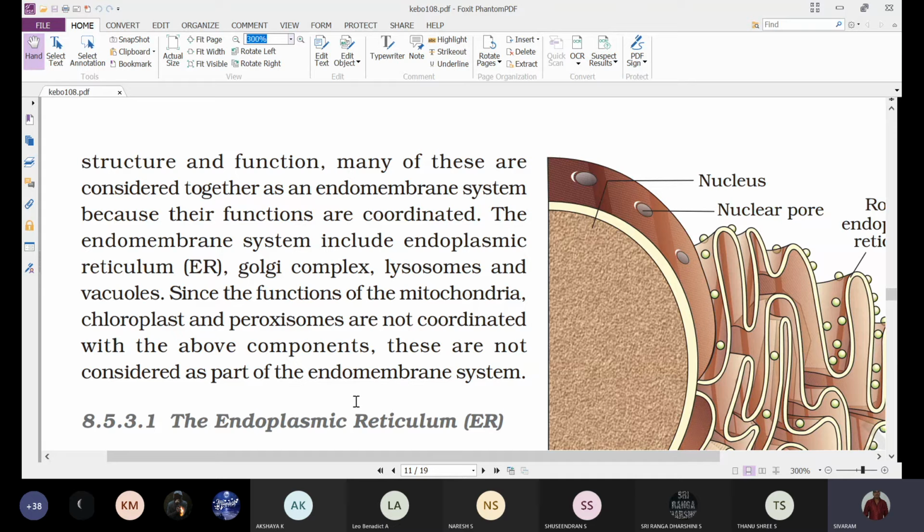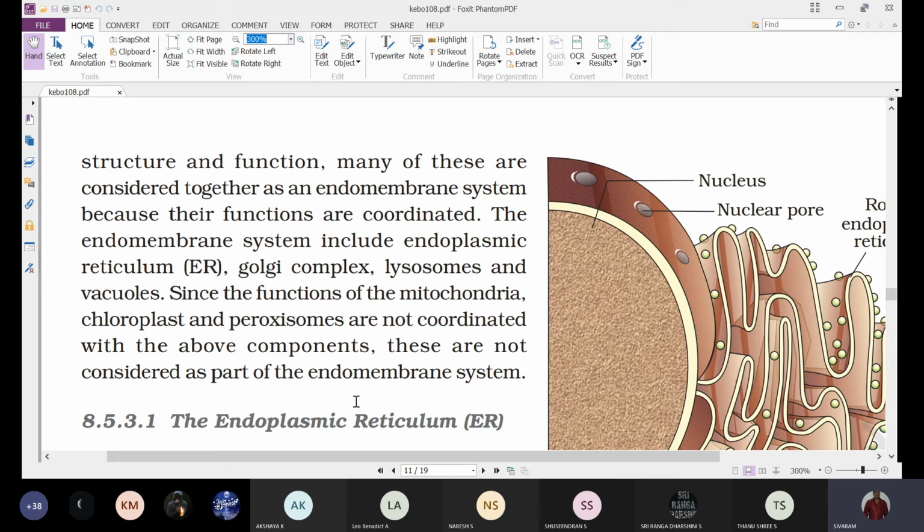That means there are different types of membrane bound structures, which differ in their structure and function, but they are all membrane bound structures. All these membrane bound structures together we are calling the endomembrane system because their functions are coordinated.